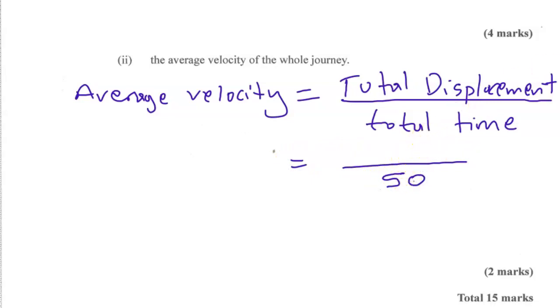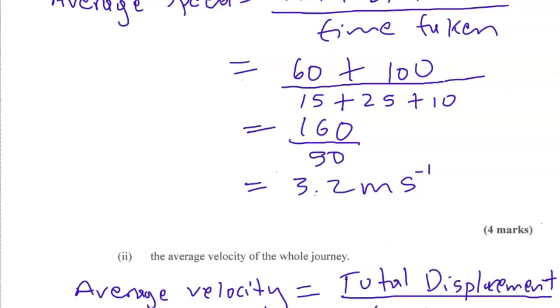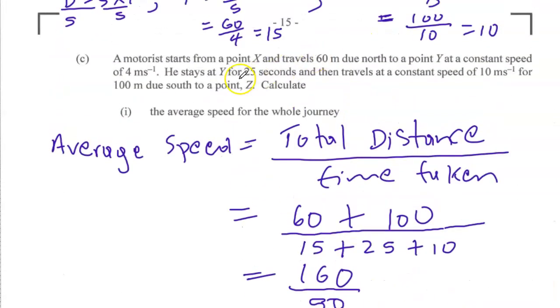So total displacement, let's check again the displacement. The motorist travels 60 meters up north and then stays for 25 seconds and then comes back down south. So 60 meters up north and then in the very opposite direction, because south is the opposite of north, comes back 100 meters.